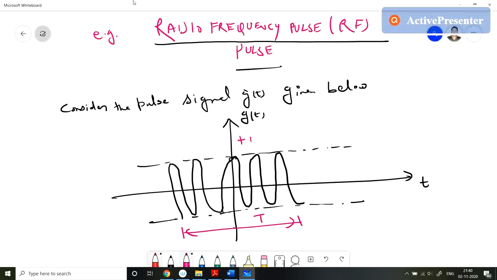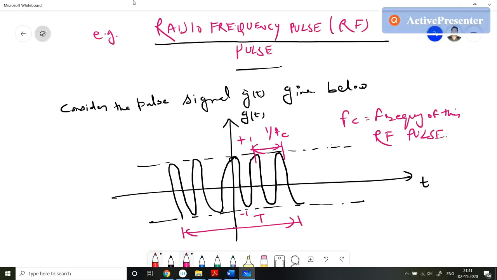So we have +1 and -1. The higher amplitude is +1, the lower amplitude is -1, and the frequency is Fc. So the time period is 1 divided by Fc, and Fc is the frequency of this RF pulse.